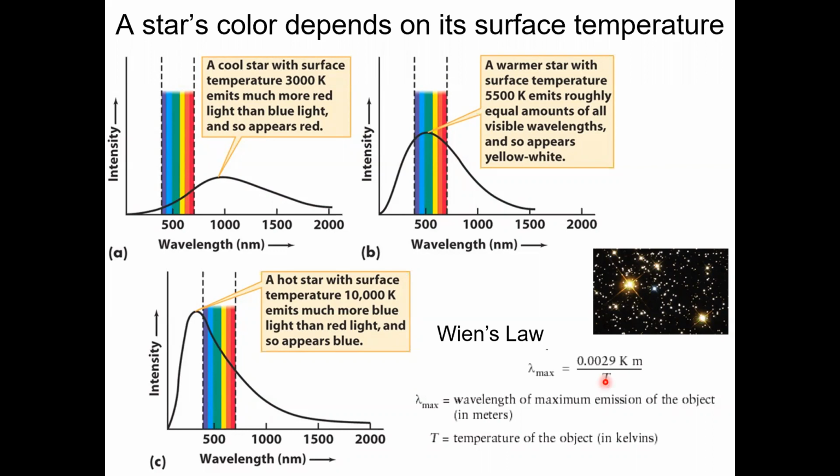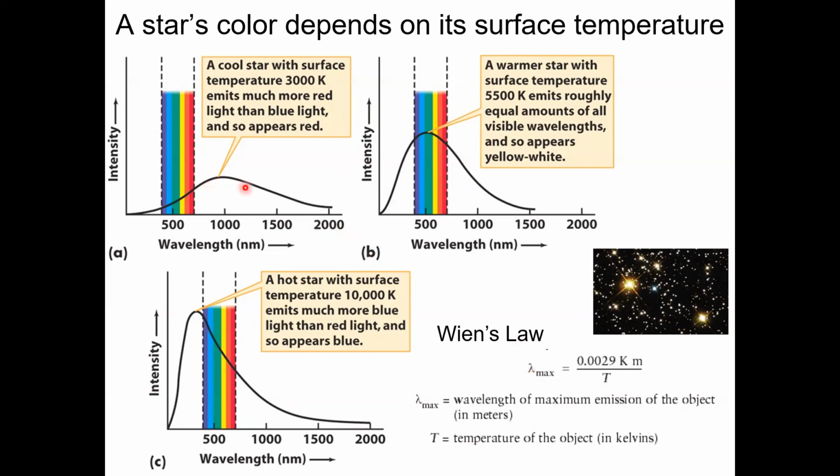Okay, inversely proportional to the temperature, which means if there is a very hot star, very high temperature, this wavelength is very small, like this. And if there's a star which is not that hot, right? There are no stars that are not hot. Okay, so in relative terms, there are some cooler stars. Their temperature is not that high, so therefore their maximum wavelength is high.